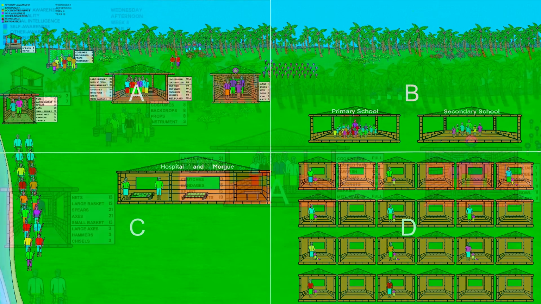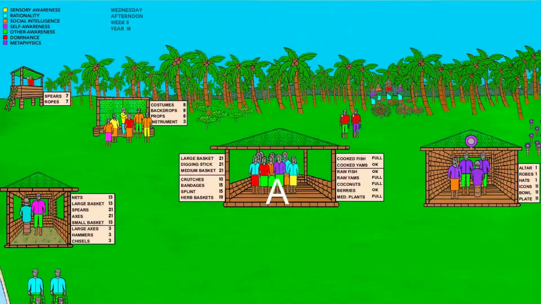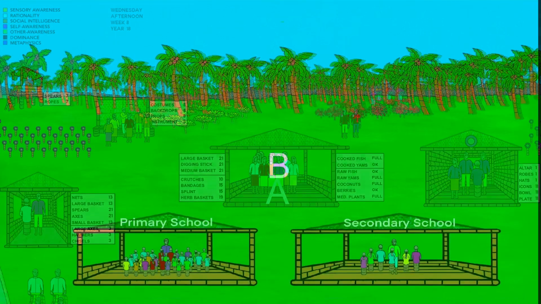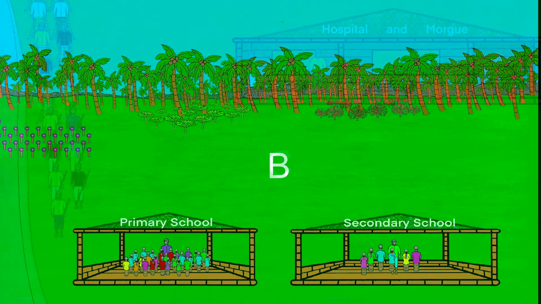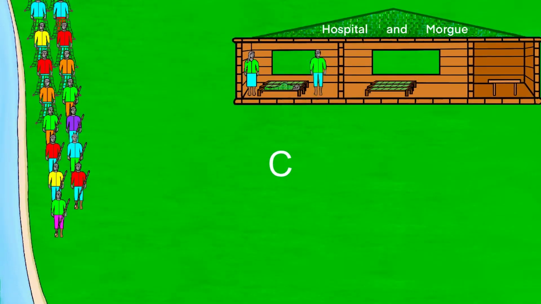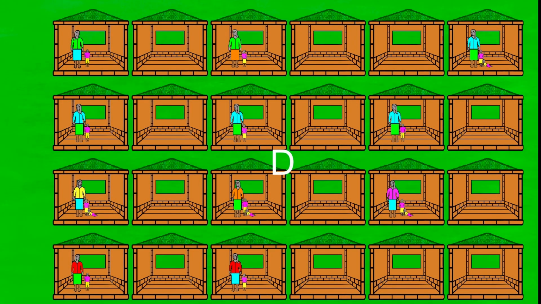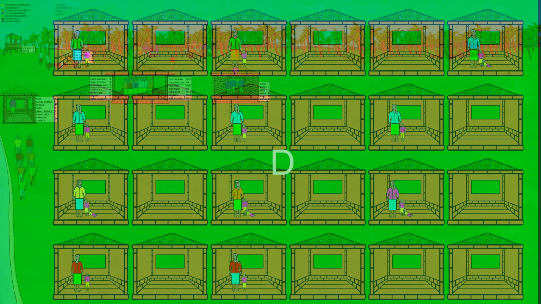This is Section A. Section B. Section C. And Section D. This will allow for a quick movement around the screen, and a detailed view of the various aspects of the simulation. Now back to full screen mode.